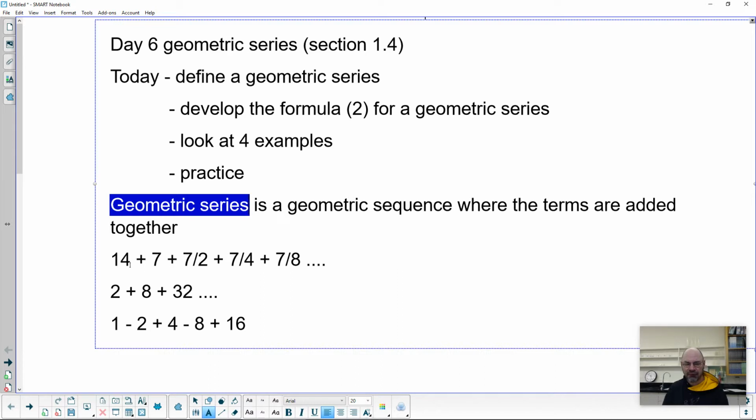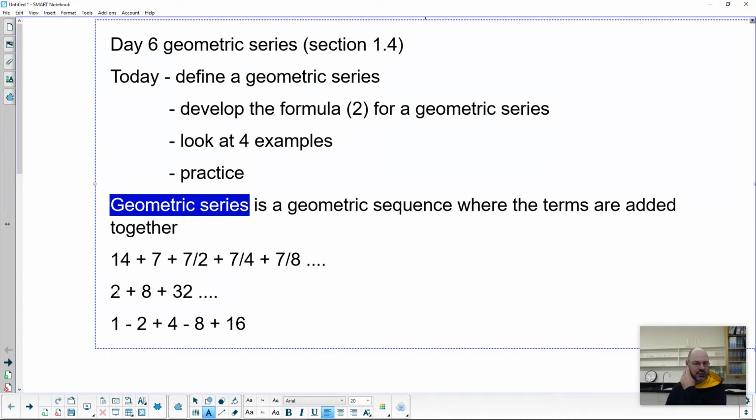Looking at my first example, if I start with 14 and multiply by a half, 14 times 1/2 is 7. 7 times 1/2 will give you 7 over 2. 7 over 2 times 1/2 would be 7 over 4. 7 over 4 times 1/2 would be 7 over 8, and so forth and so on. That is the first geometric series because we're adding them instead of using commas.